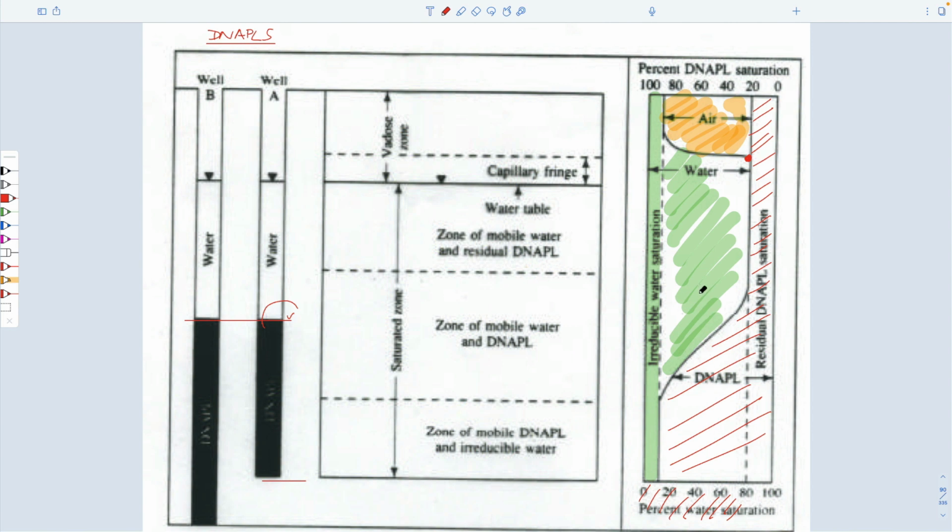As you go up within this, this is more water and less DNAPL, and above a certain zone, the smear is through a zone which is part water and mainly air in the upper chimney. Again, if we blow hot air through this zone, we'll vaporize the NAPL. If we blow water through this zone, we'll dissolve the NAPL and take it out.